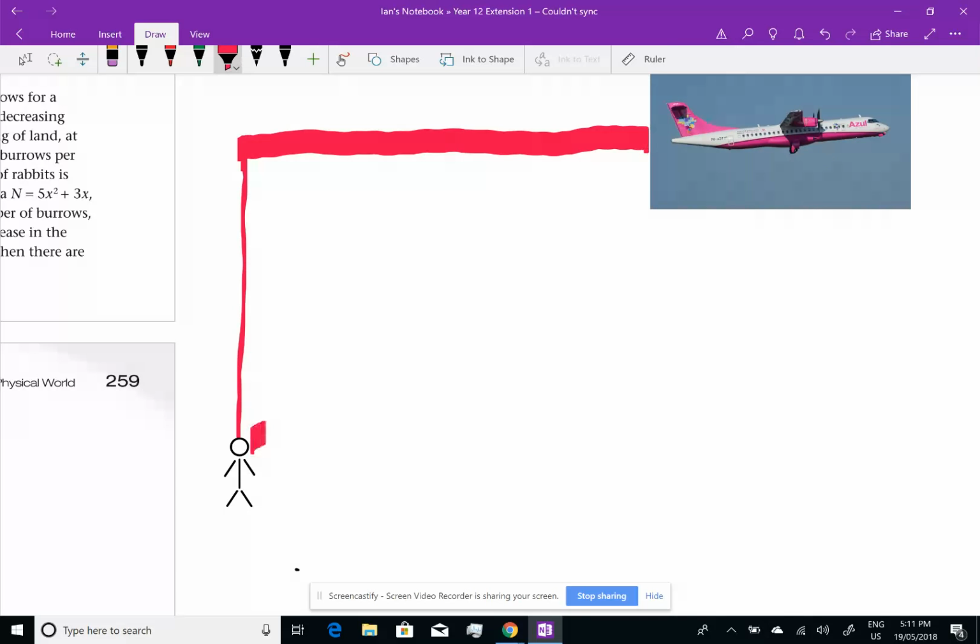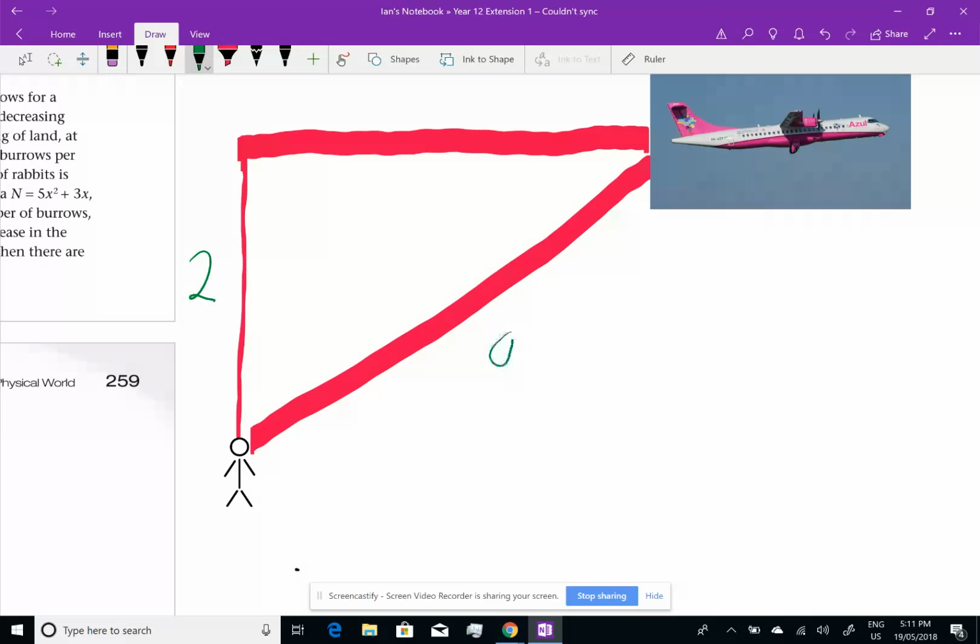And we have the distance between the observer and the plane. So let's mark in what we know. That's 2. We'll call that D for the distance, and this is going to be the horizontal distance. So D is the distance between the observer and the plane, and x is the horizontal distance.